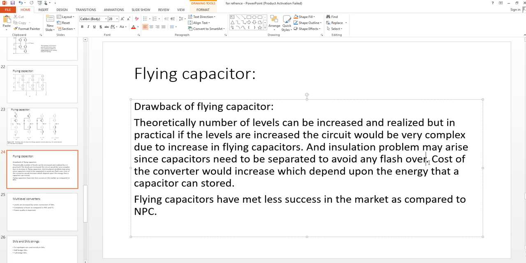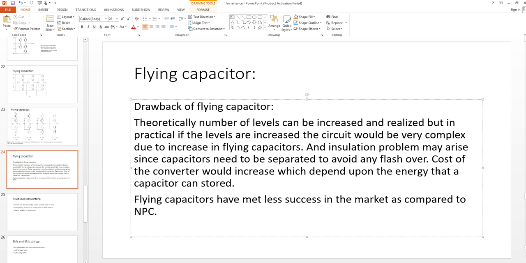Here we are talking about the high voltages. So in high voltages, the capacitors must be insulated so that there may not occur any flashover. So we have to insulate the capacitors from each other so that no flashover occurs.